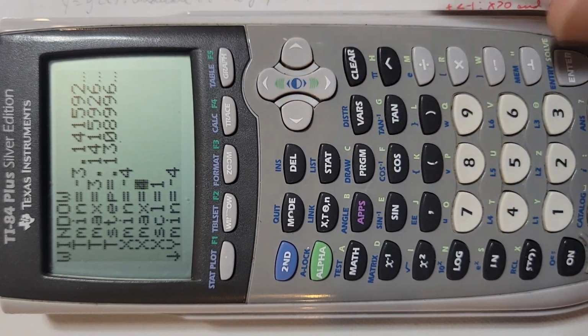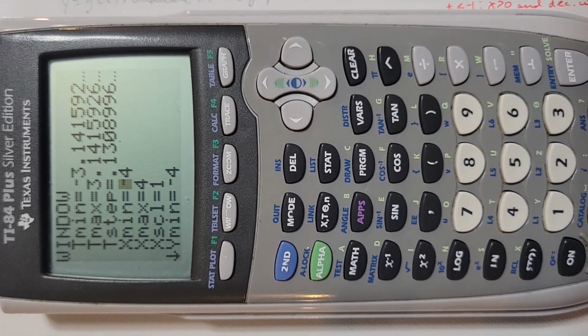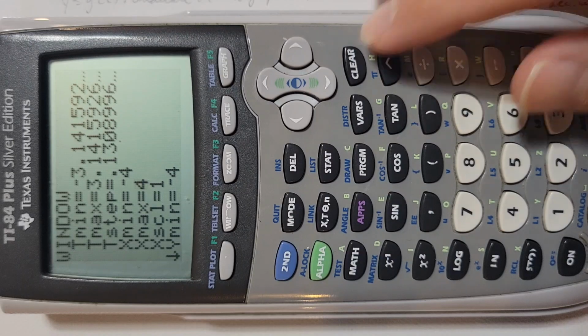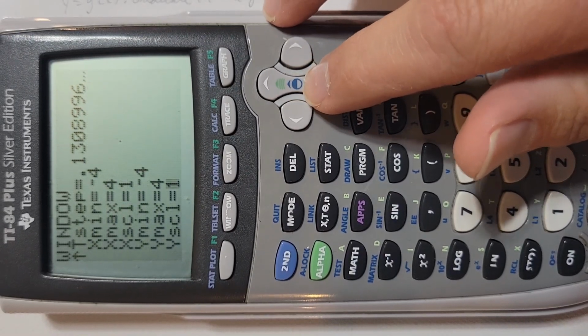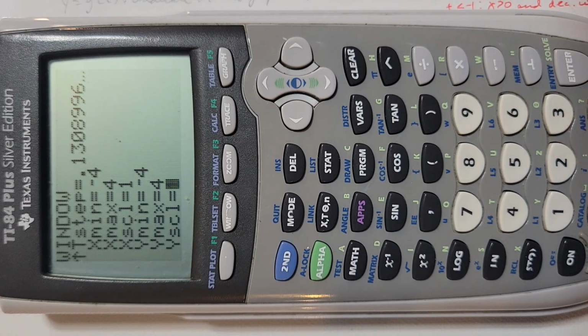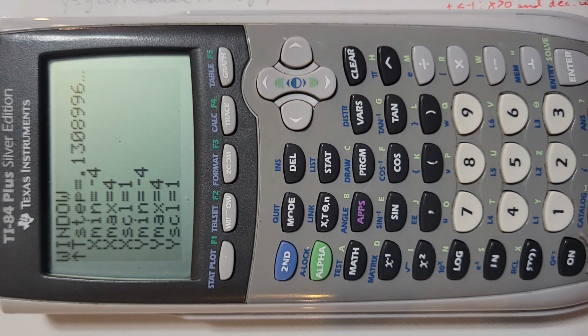Okay, and then the x min, you want to set that to be -4, and the x max to be 4. The x scale, you set that to be 1, and the same thing for the y values. So the y min is going to be -4, the y max is going to be 4, and the y scale is going to be 1.